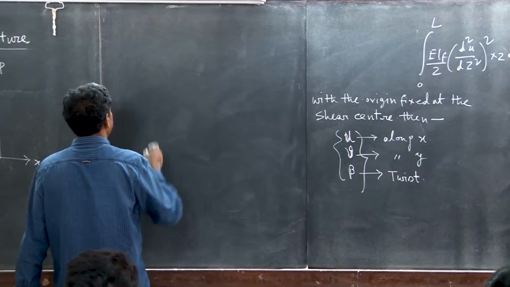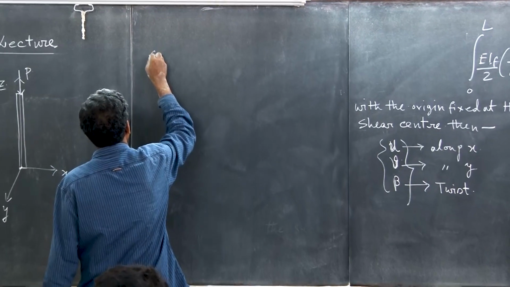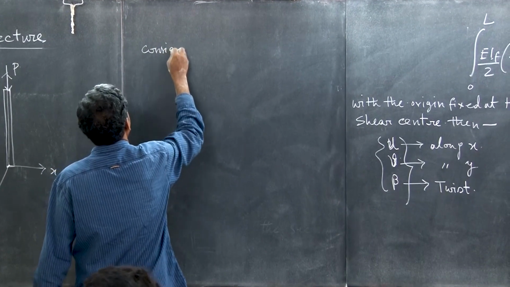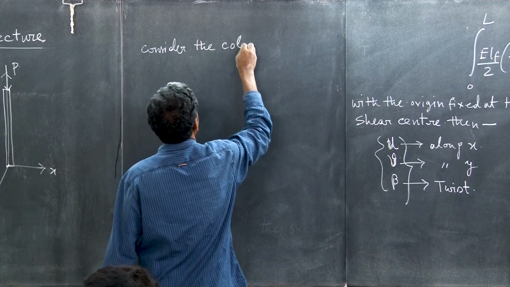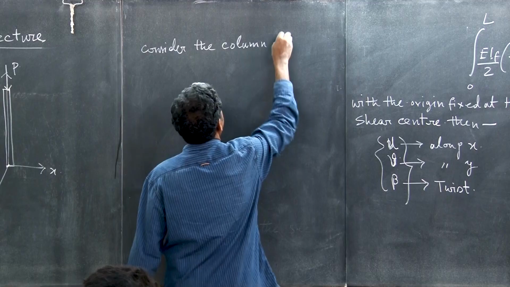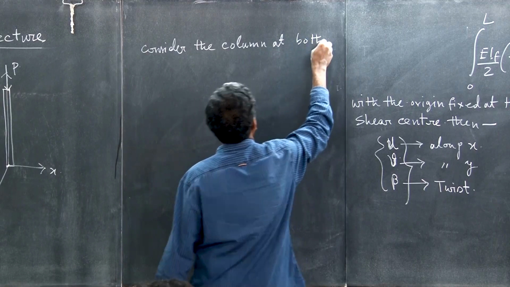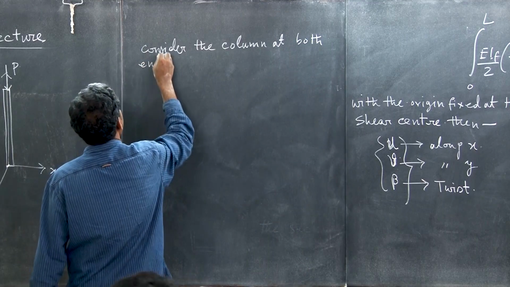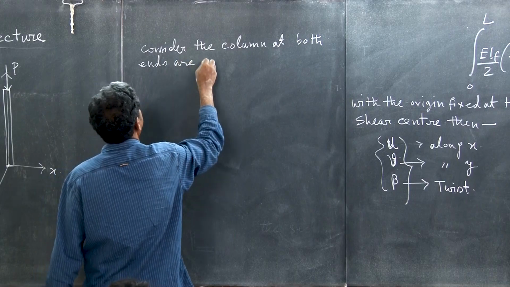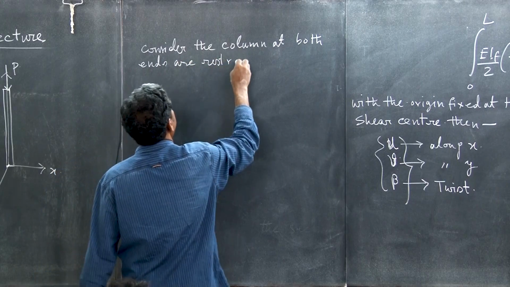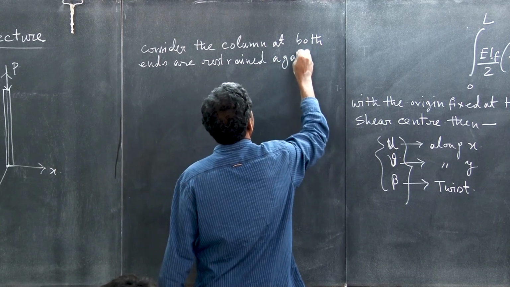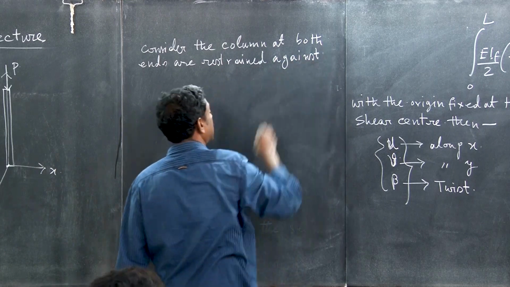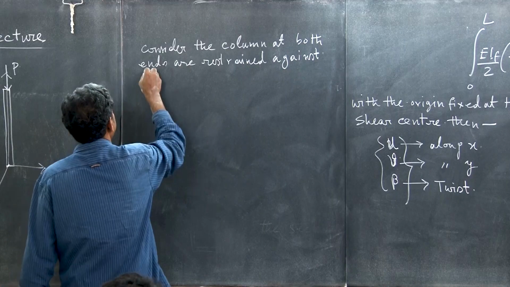You see, let us consider that the column at both ends are restrained against twist.